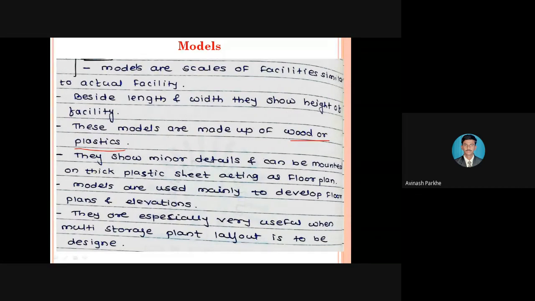Through this model, the unskilled operators also get the information immediately, and they can understand what the important parts present in the model are, how the power transmission takes place from one location to another, and how the operator has to work on that model. So such models also play a very important role in recording techniques.